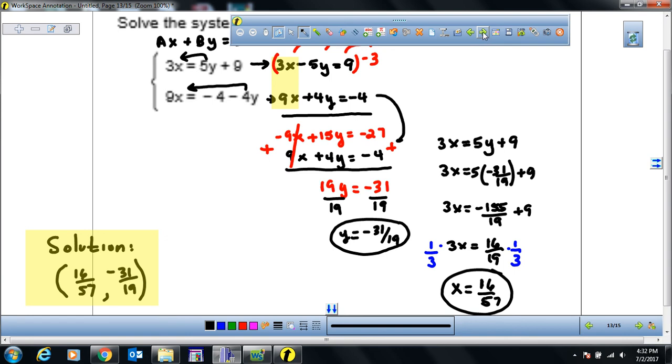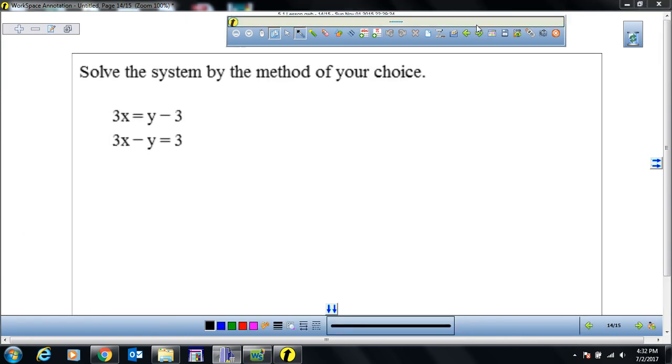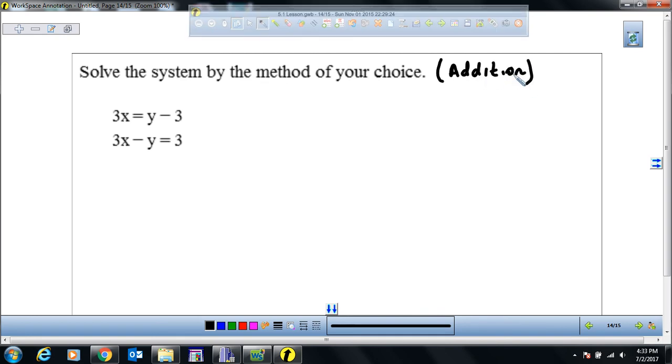To finalize this section, we're going to cover 2 special cases. We're going to solve the following system by the method of your choice, either addition or substitution. And in this case, I'm going to solve this one by addition myself. But remember that if I want to solve it by addition, both equations must be in the form ax plus by equals c.